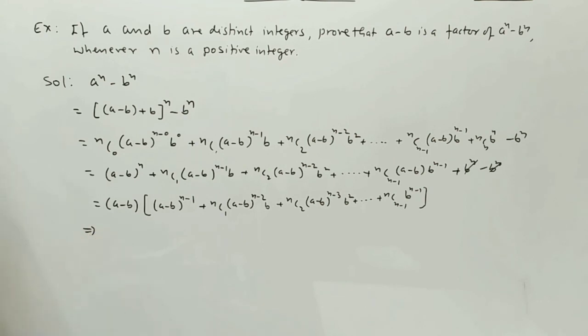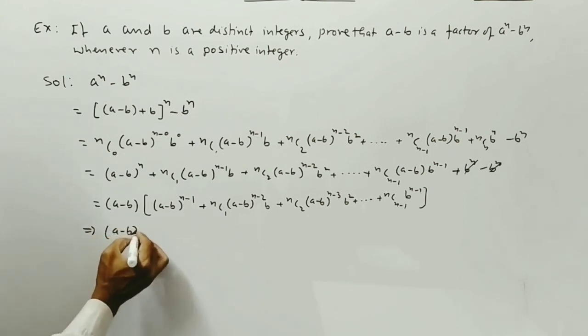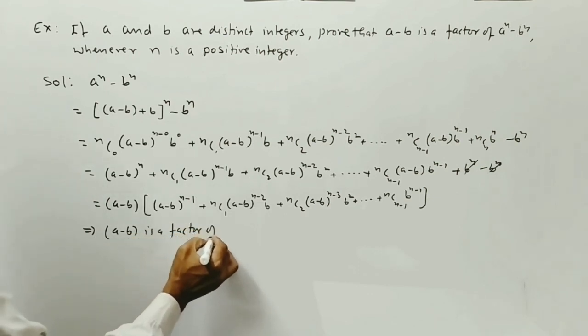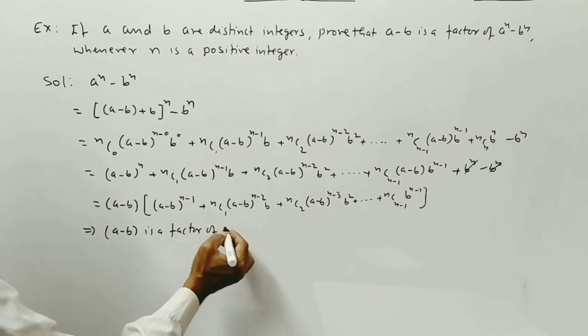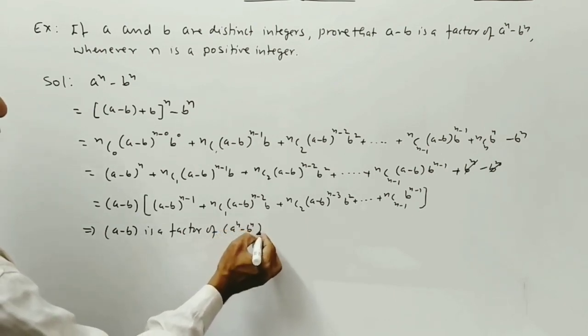This implies a minus b is a factor of a raised to the power n minus b raised to the power n.